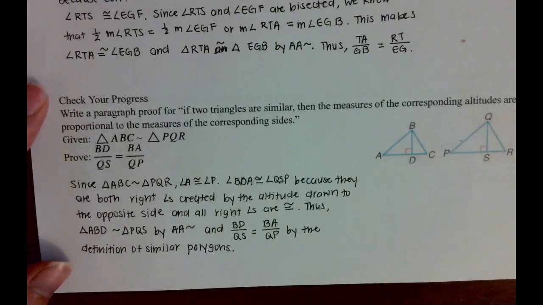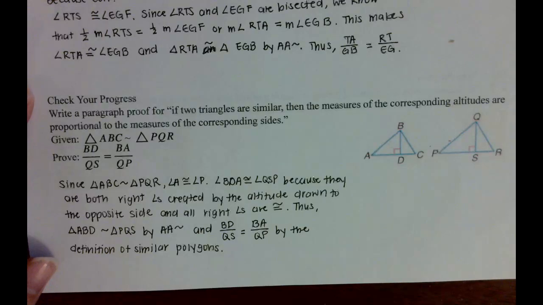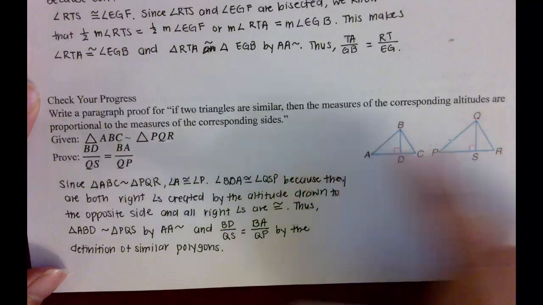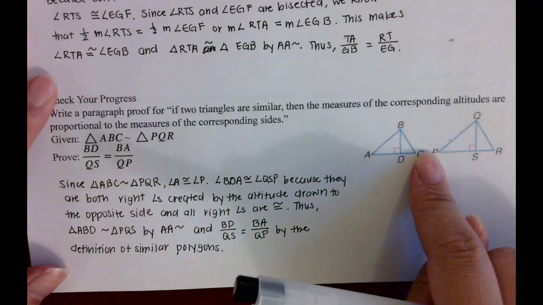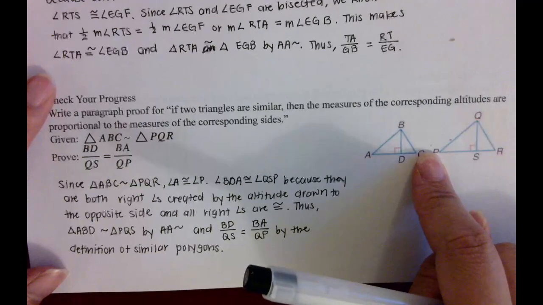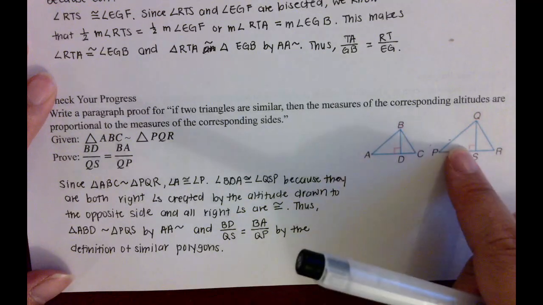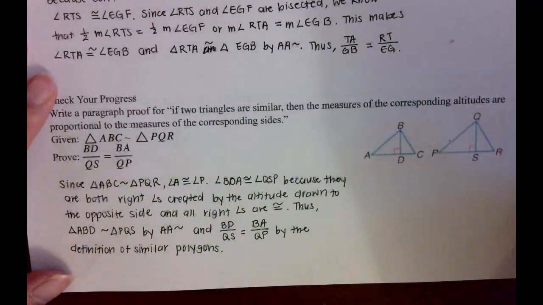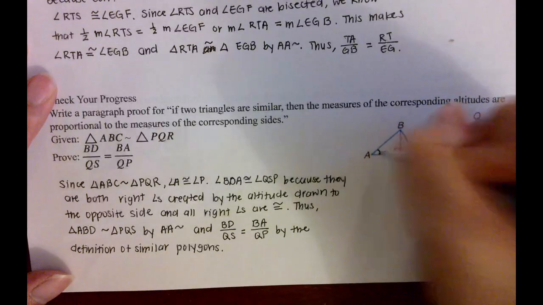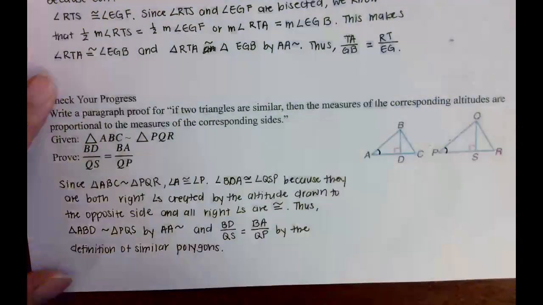Okay, you should have gotten something similar to this. As I'm reading it, I will explain it to you. Since triangle ABC is similar to triangle PQR, we know that from the given, then we can say that angle A is congruent to angle P, right? Because part of being similar triangles is that corresponding angles are congruent.